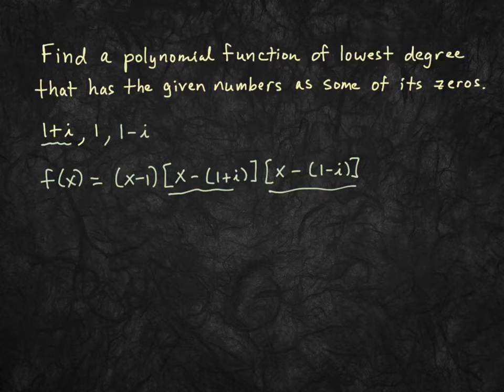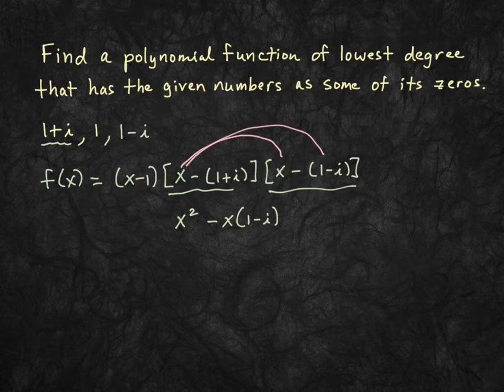So first of all, we'll multiply the x's here, and we'll get x squared. Then we will multiply the x times the minus (1 minus i). And so that's going to be, well, it's a positive times a negative, a minus x times (1 minus i).